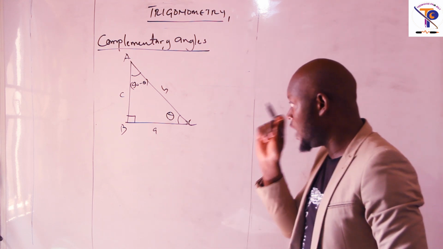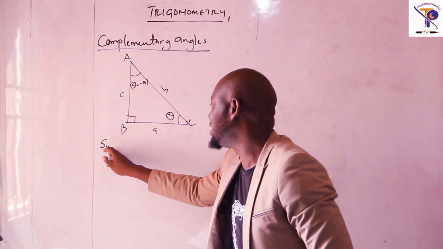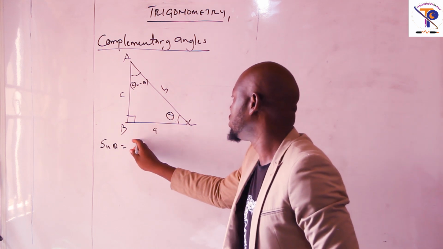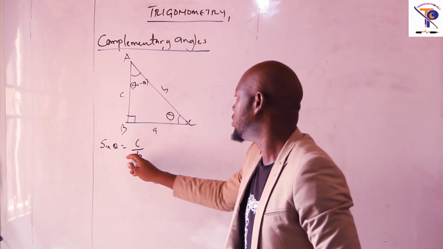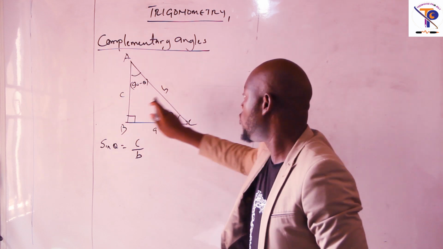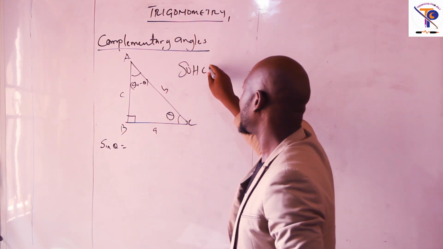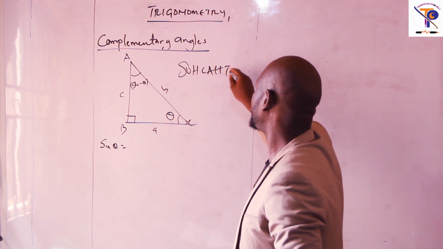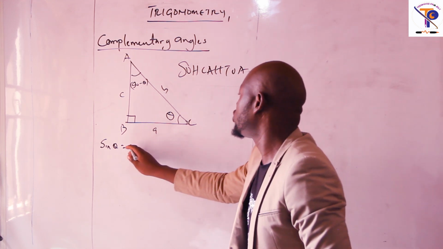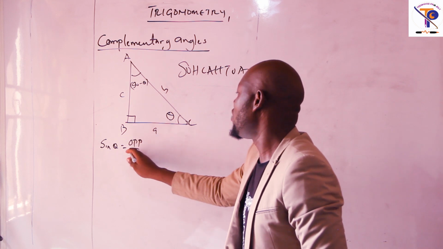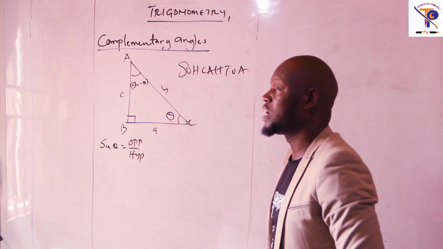So from here, sine theta will be equal to C over B. That means opposite over hypotenuse. Let me write that. Our sine is going to be opposite over hypotenuse, as you can see.